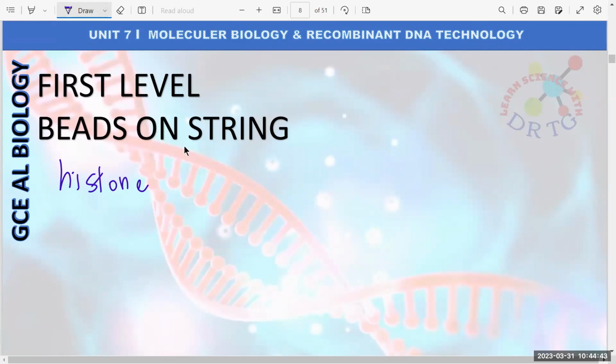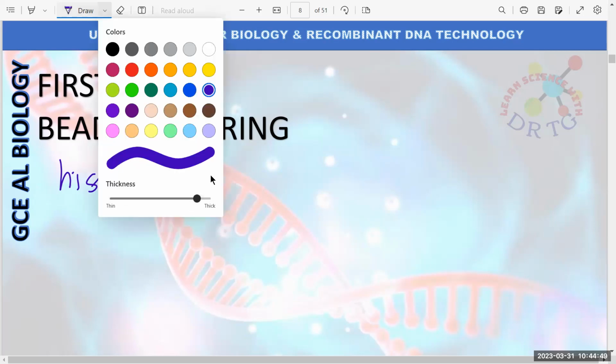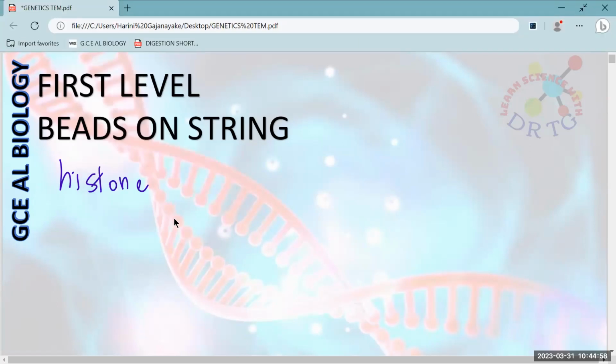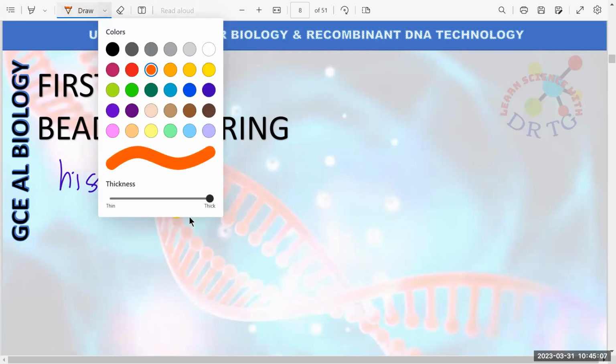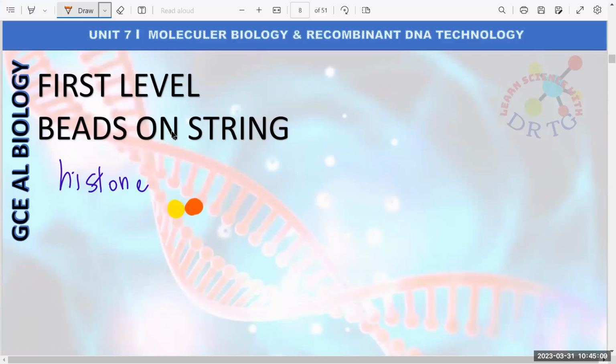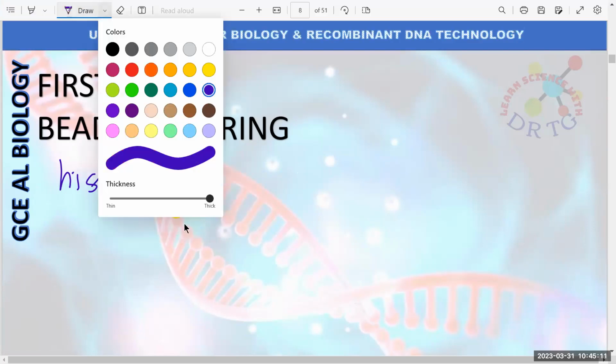First, we will see how histone looks like. Right, so I try to draw a histone molecule now. One, two, three, four.